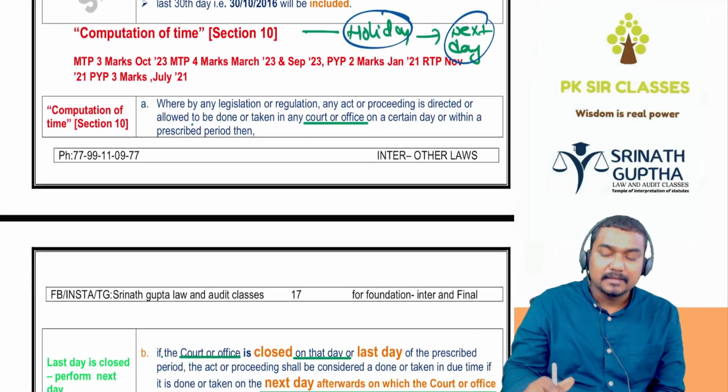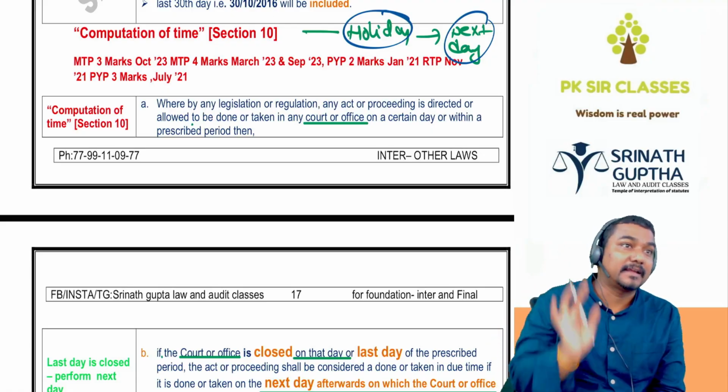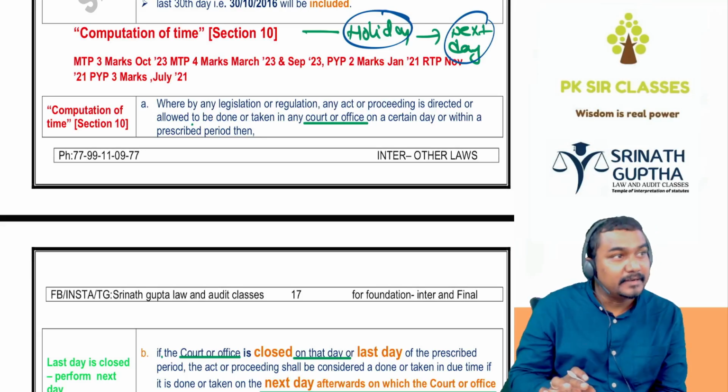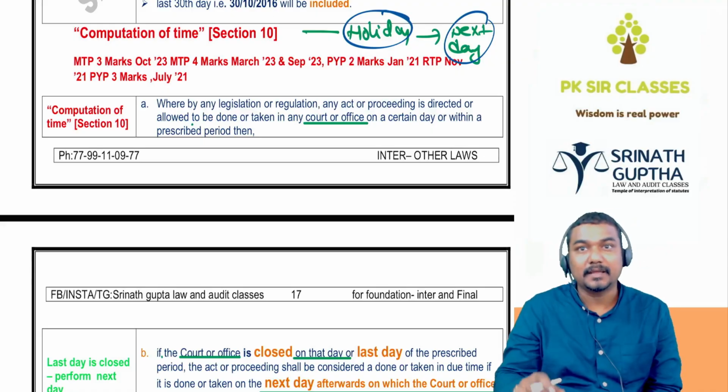For example, a company has to file the return with ROC within 30 days of the resolution. If the 30th day is a holiday, you can file the return on the next day, and it is still deemed to be complied. Clear?